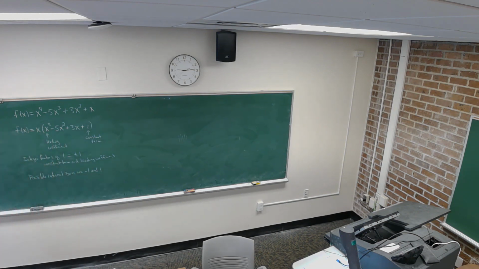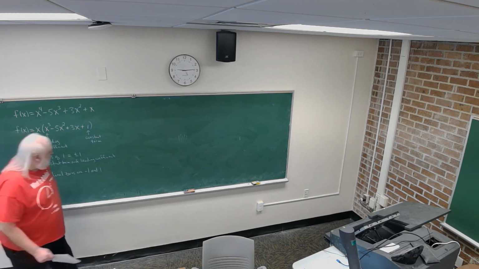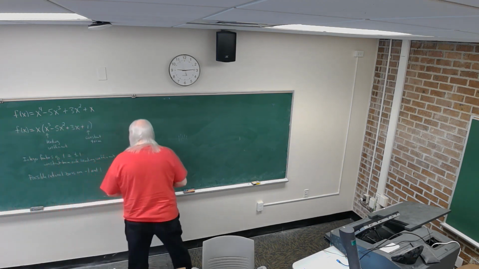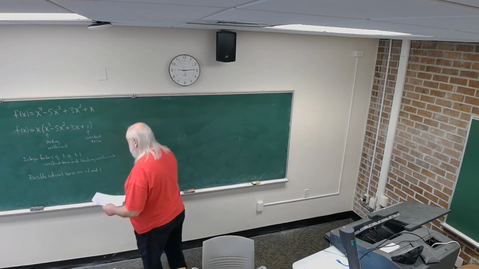So the integer factors of the constant term are plus and minus 1. The integer factors of the leading coefficient are plus and minus 1. Plus and minus 1 divided by plus and minus 1 is plus and minus 1. So there are only two possible rational zeros for this third degree polynomial.